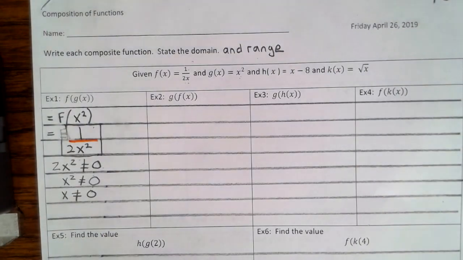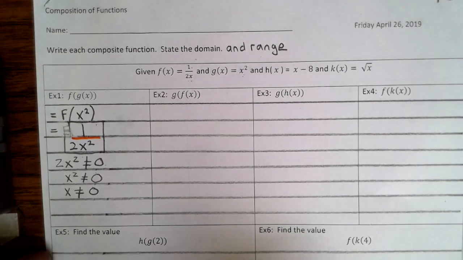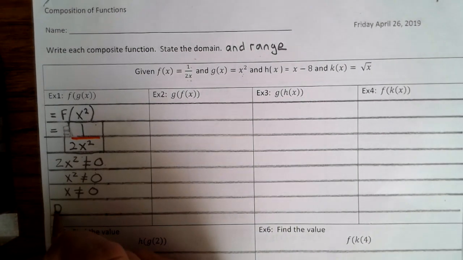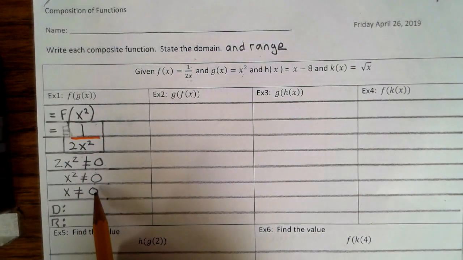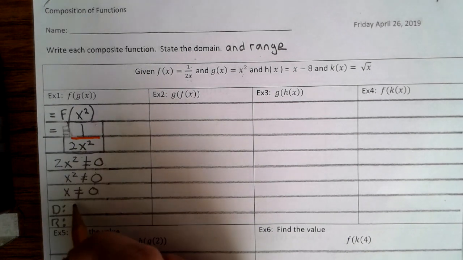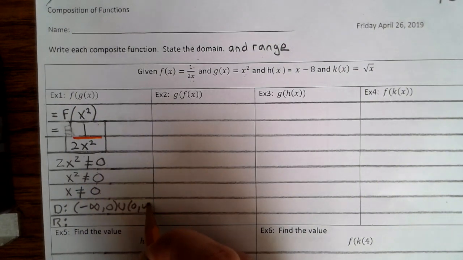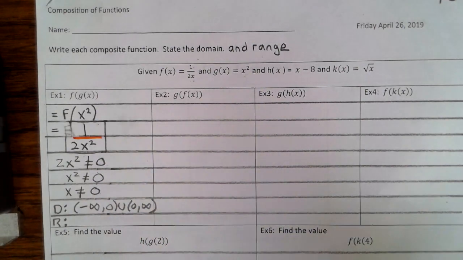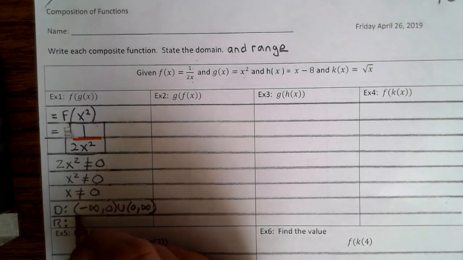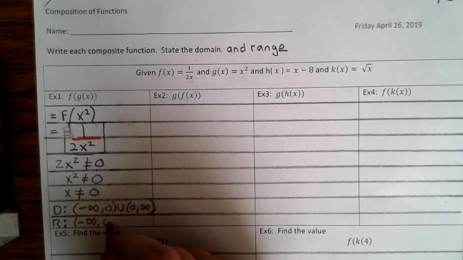So we know our domain and range does not include an x of 0. When x is 0, we know that y is undefined. So our domain is from negative infinity to 0 or 0 to infinity. And the range would be the same thing, negative infinity to 0 or 0 to infinity.